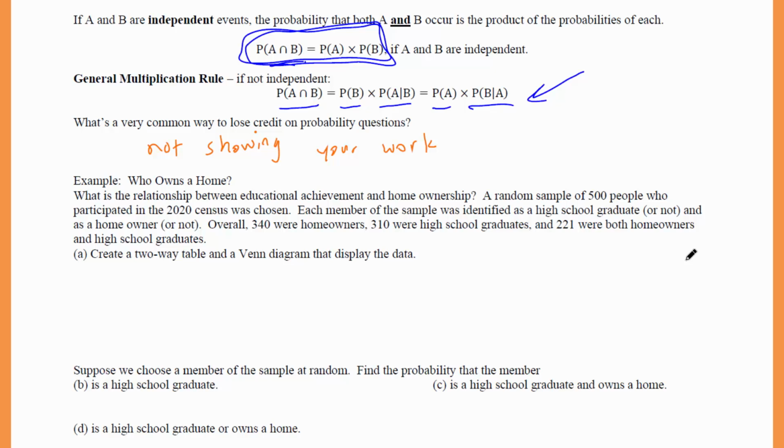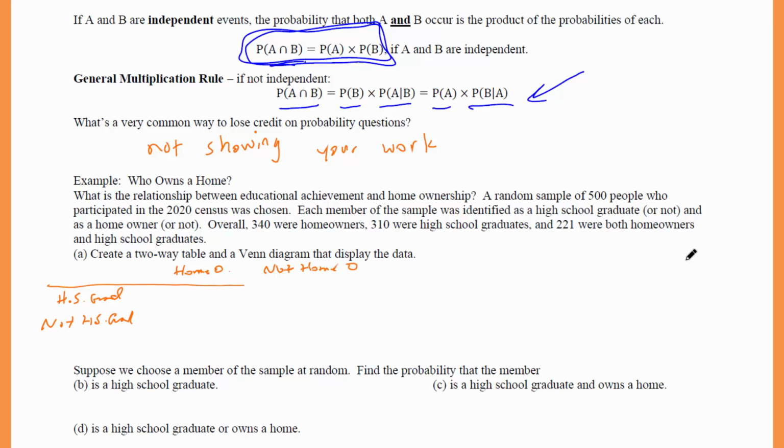So in the two-way table, it doesn't matter which one we put vertically and which one we put horizontally, but we could put high school grad, and not high school grad, and then homeowner and not homeowner.